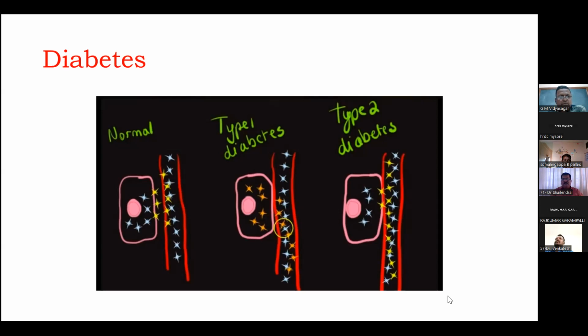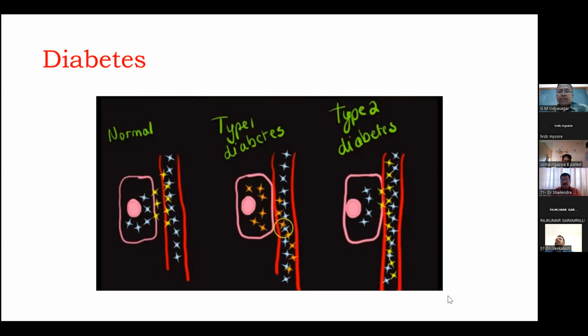Insulin is more as compared to normal, and glucose is entering into the cells, but the glucose entry into the cell is limited only. Because of the larger amount of insulin, there is a possibility that the cell resists the entry of insulin and glucose, and that results in resistance.